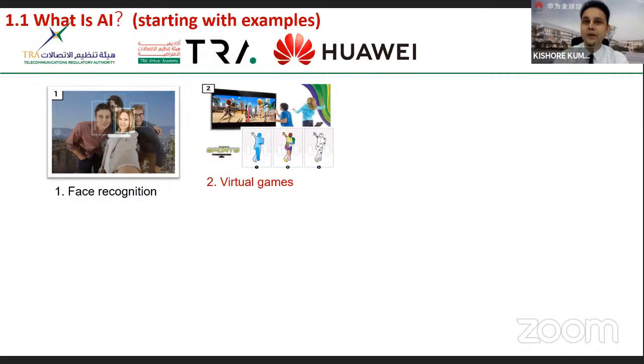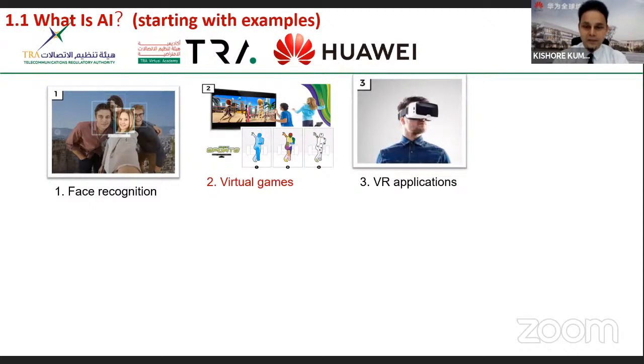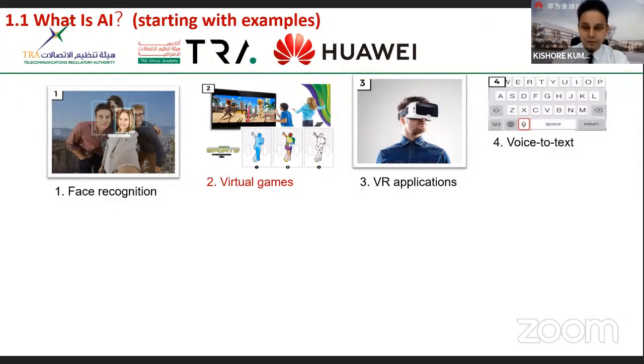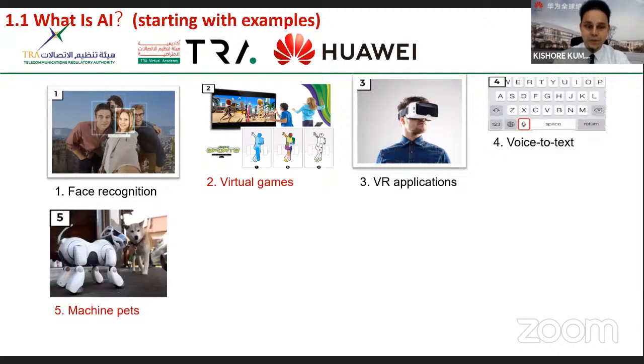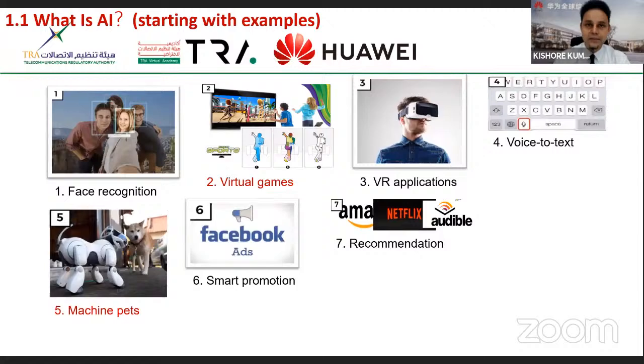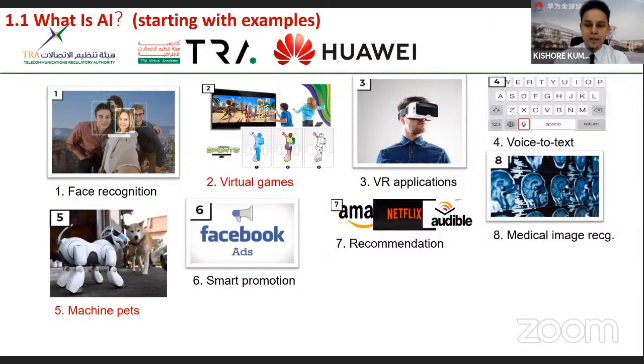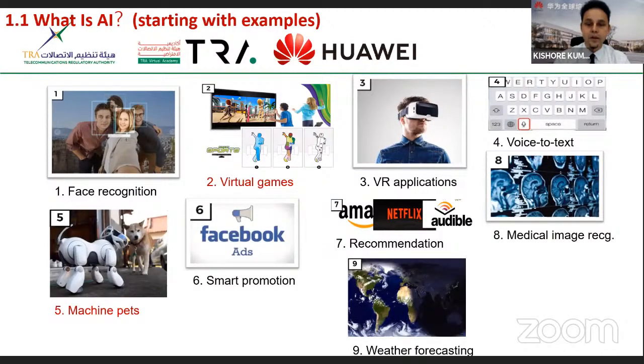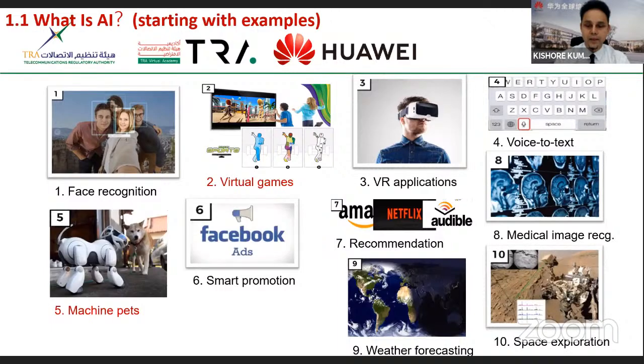Is there anybody who had the opportunity to play virtual games at home? There could be. Then VR, virtual reality, and AR, augmented reality applications. Then voice to text, a very old one already. Machine pets, smart promotion, recommendation engines, medical image recognition systems, weather forecasting, and space exploration, right?